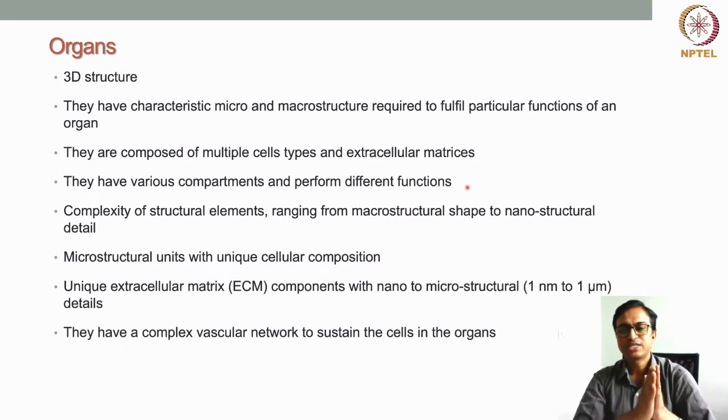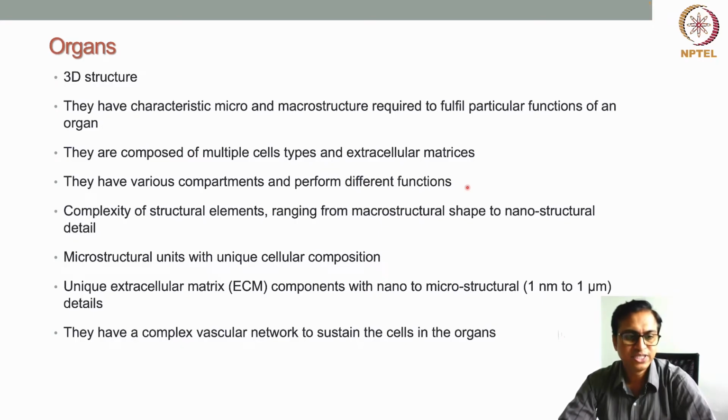So there are different levels of complexity, from macro to nano, present in a particular tissue or organ. To reproduce or replicate that detailed complexity at different length scales, from nano to macro, is required to reproduce the function of a particular organ.